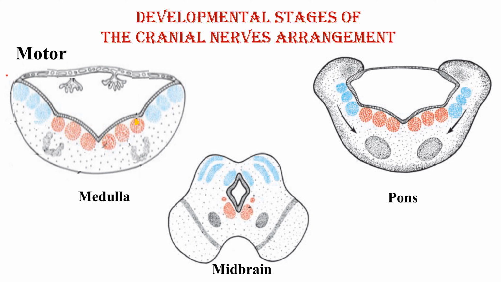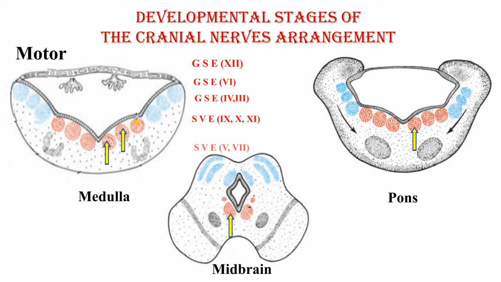We'll start with the motor part, the 3 parts, where the general somatic efferent of the 12 is in the medulla, of the 6 is in the pons, the 4th and the 3rd are found in the midbrain. For the special visceral efferent fibers, the 9th, the 10th, and the 11th are in the medulla, while those of the 5th and the 7th are found in the pons.